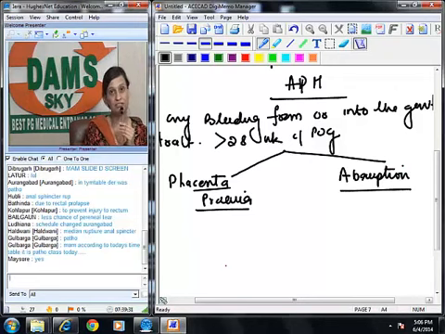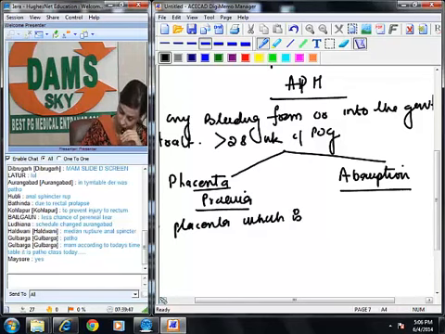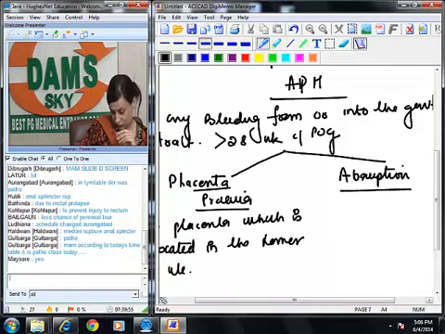So how do we define placenta previa? Yesterday we had done that in pregnancy there is formation of a lower uterine segment, right? Now a placenta previa is a placenta which is located in the lower uterine segment.